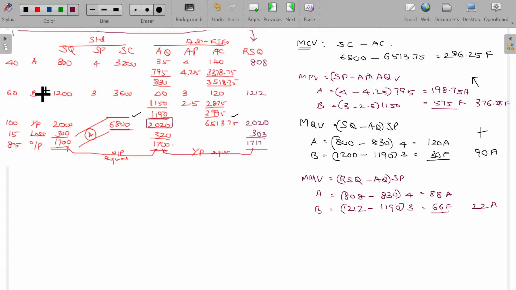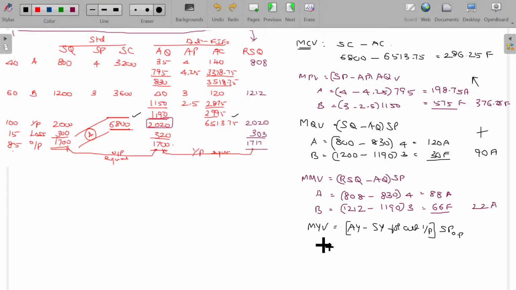Finally, we'll go for the material yield variance: standard yield for actual input with standard mixture minus actual yield, multiplied with standard price per unit of output.